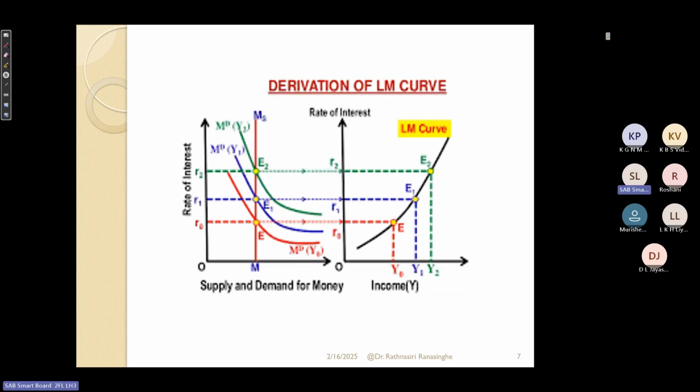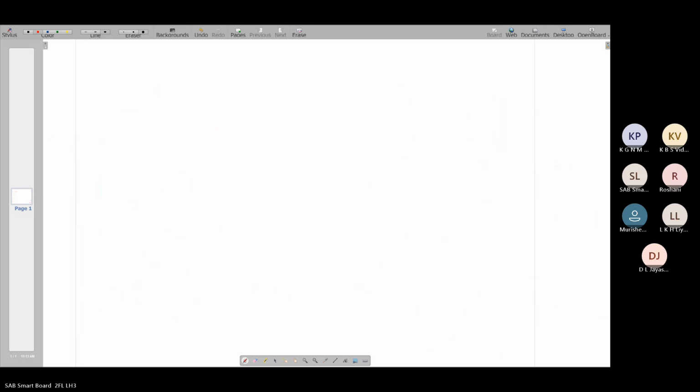This is how we are going to derive the equilibrium. This is the money market that we discussed, money demand and money supply. Based on the money market equilibrium, we are going to derive the LM curve.